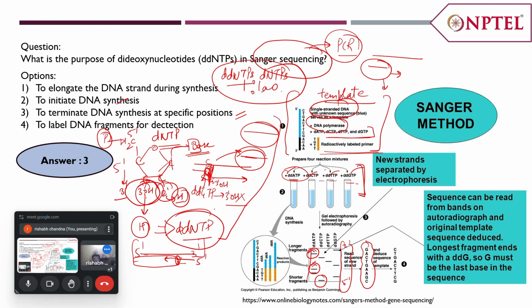So this sequence would be the complementary sequence, and when we deduce the complementary of this, it would be the actual DNA sequence that we have sequenced. So this is the final sequence of the original DNA strand that we are looking for.